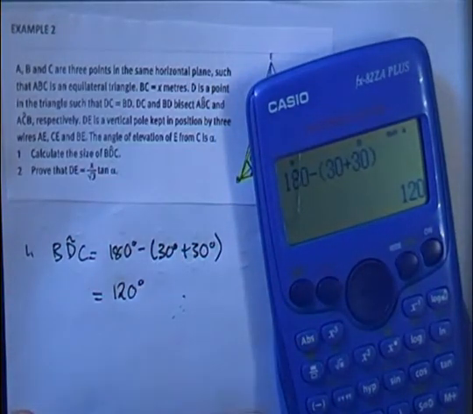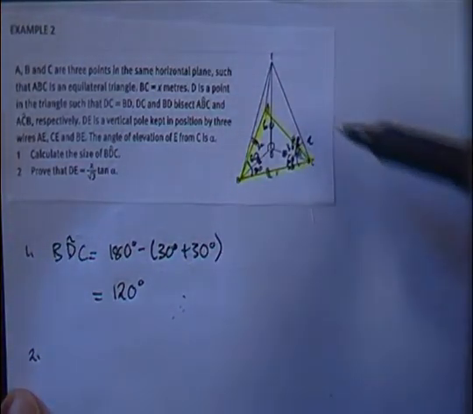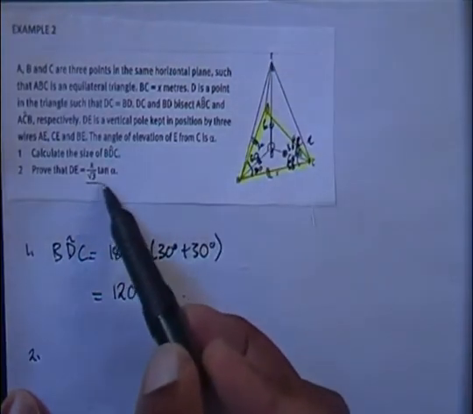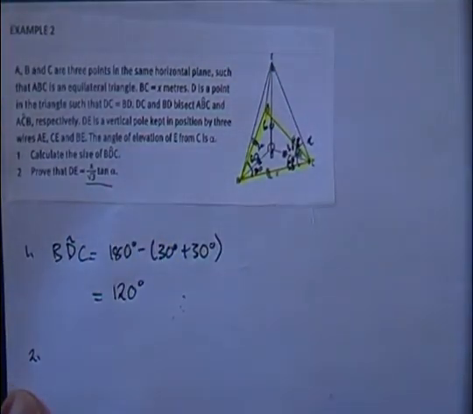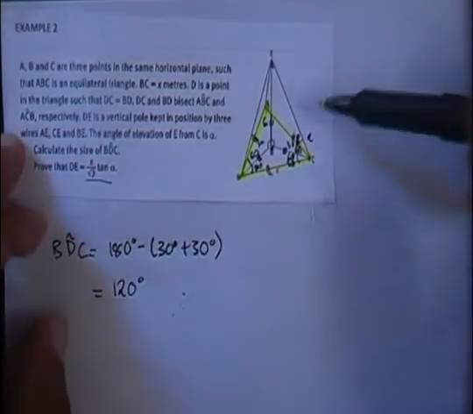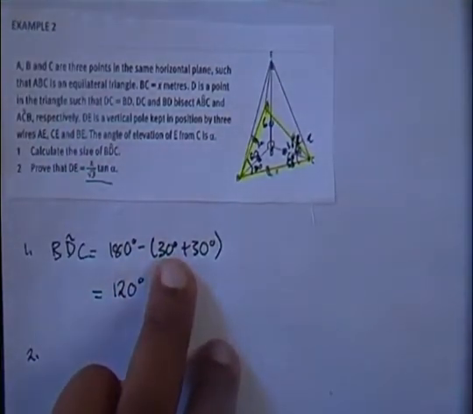Okay, now here's the interesting part. We have to prove that DE is given by that over there. Okay, so what do we need to find that? Let's see, what angles do we know?